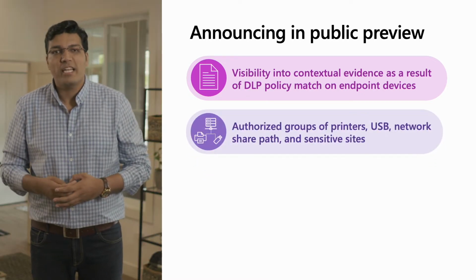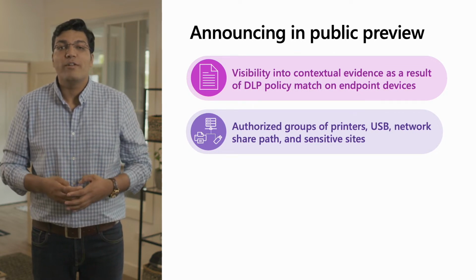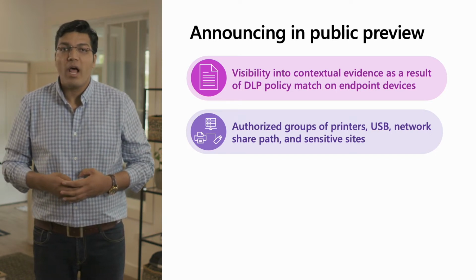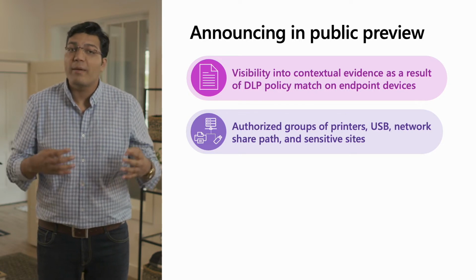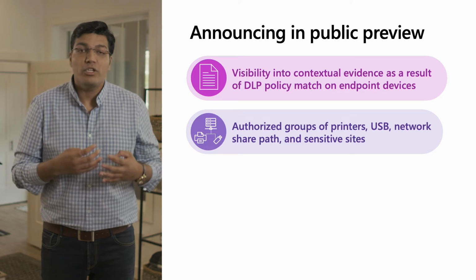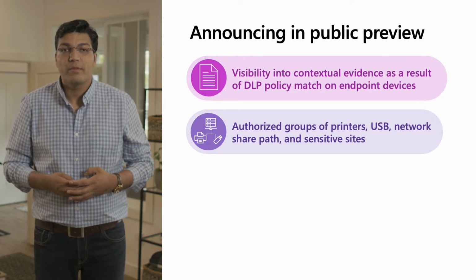On the policy management front, today we offer customers the ability to enforce restrictions like block with user override, or simply audit potential egress activities like print, copy to removable storage, copy to network shares, and upload to cloud sites on endpoint devices.